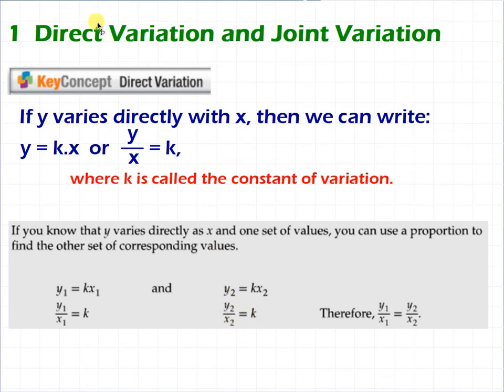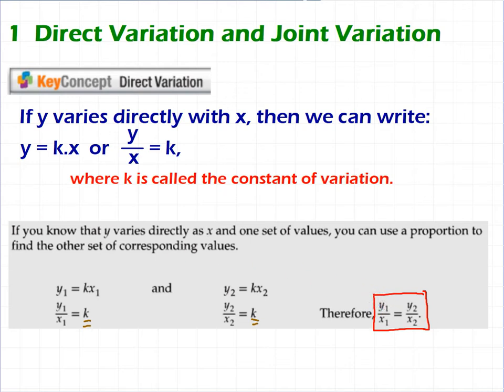You see here that this ratio equals k, and this ratio is also equal to k. So therefore I can write y1 over x1 equal y2 over x2. So we can take this as the first equation when I have quantities that are varying directly with each other.